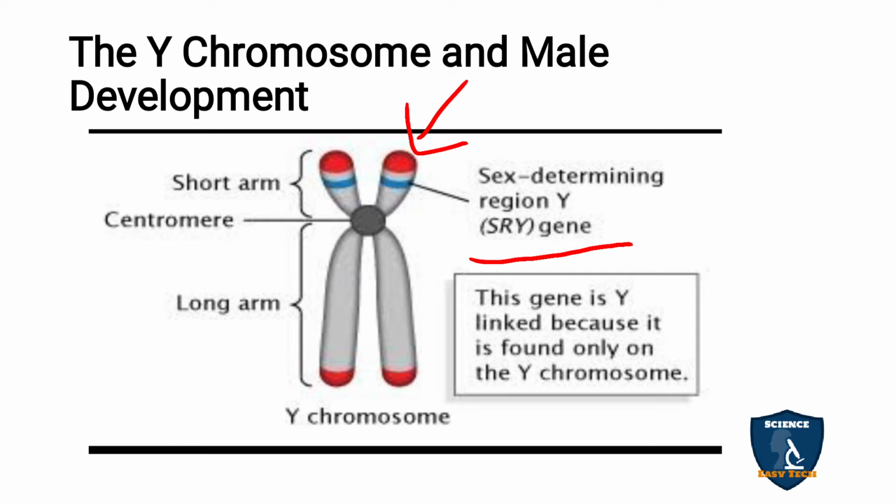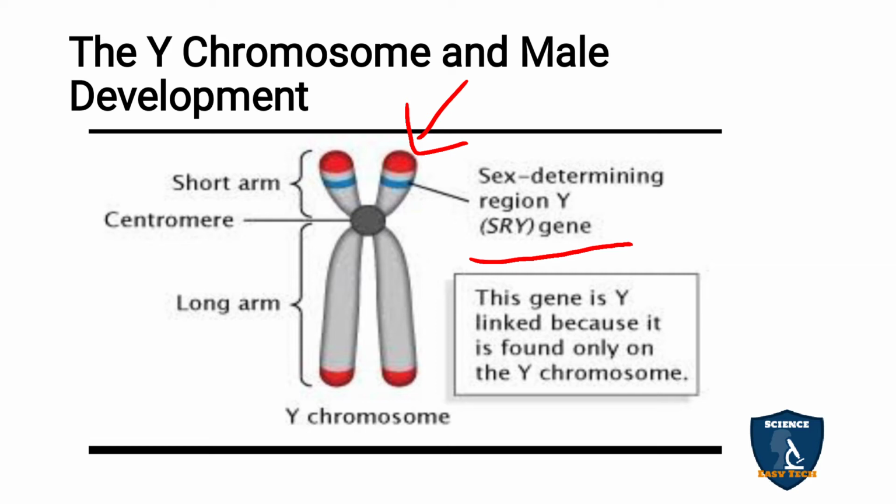SRY is seen in the testis determining factor, TDF, and it is euchromatin. It is a true chromosome to produce a sex. The other, non-functional genes are known as heterochromatin.